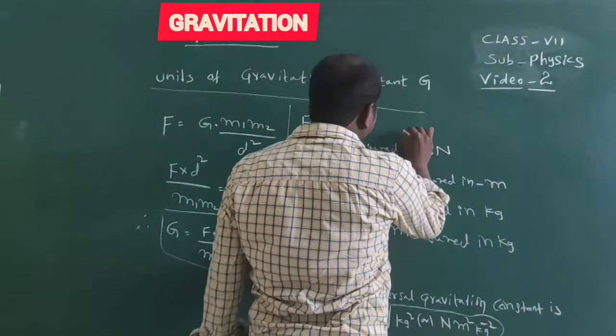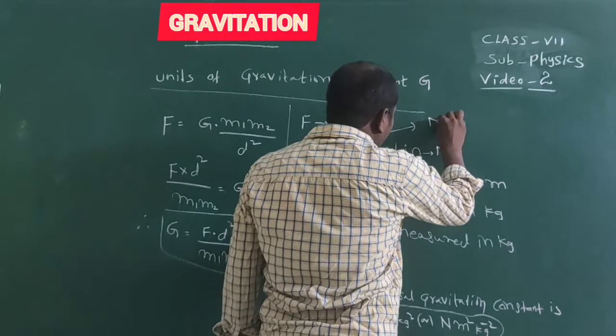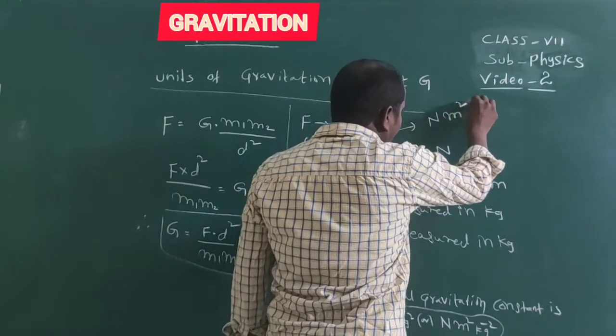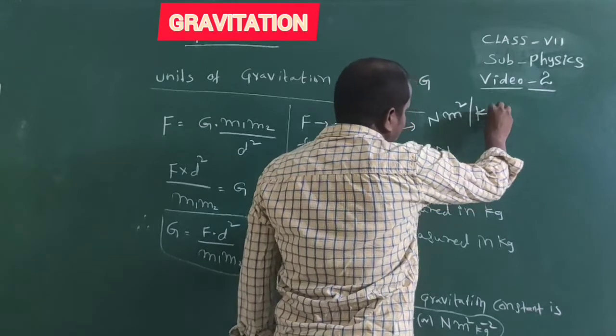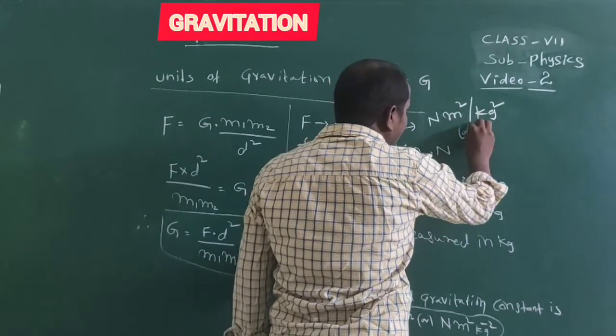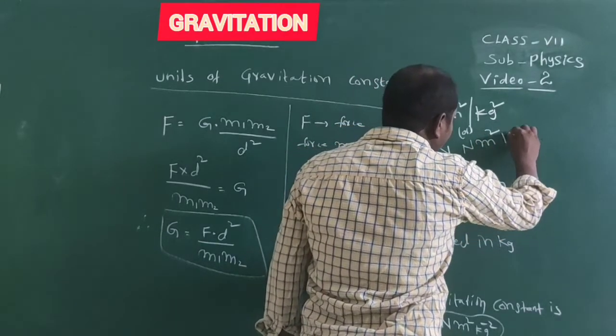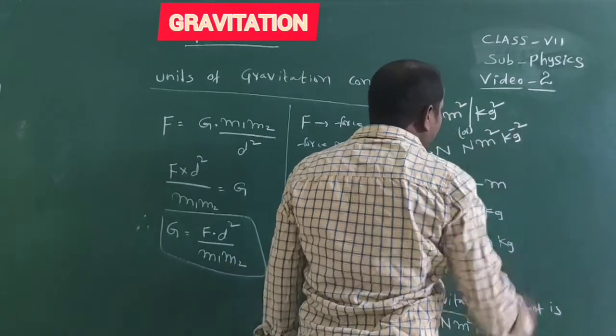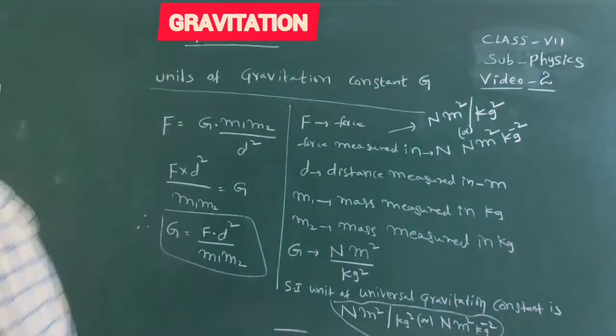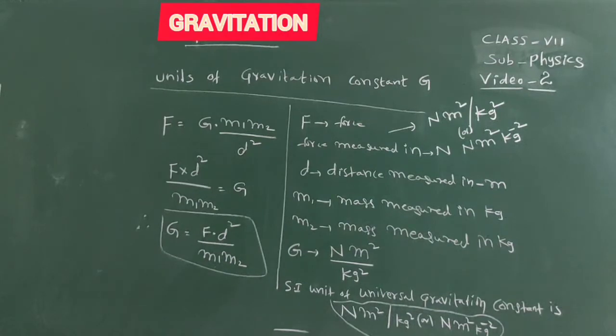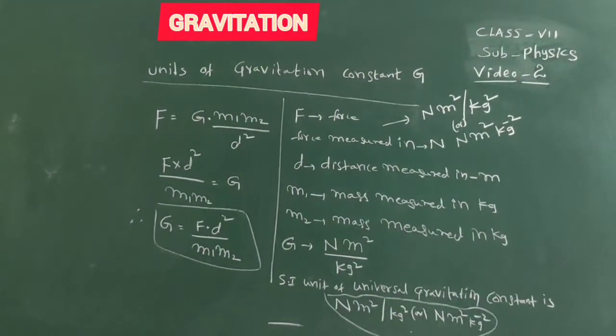The SI unit of universal gravitational constant is newton meter square by kg square, or we can write newton meter square into kg power minus 2. That is the SI unit of universal gravitational constant.